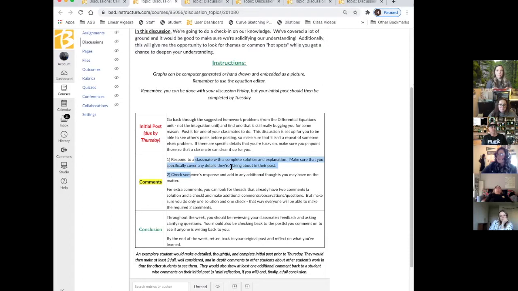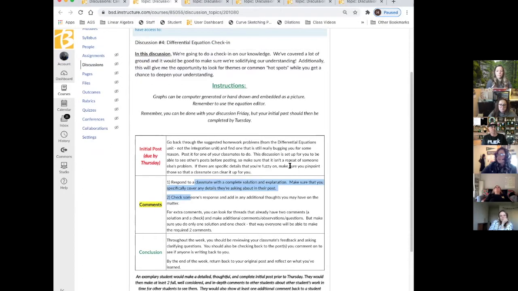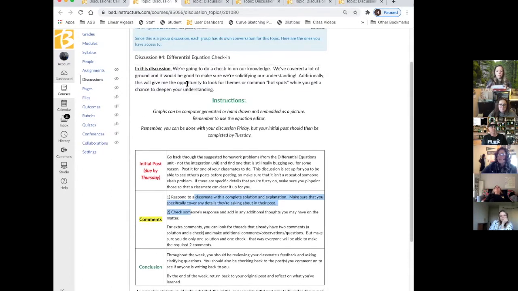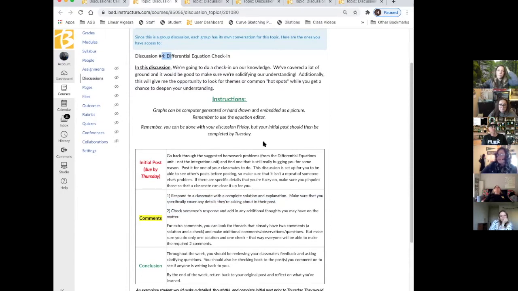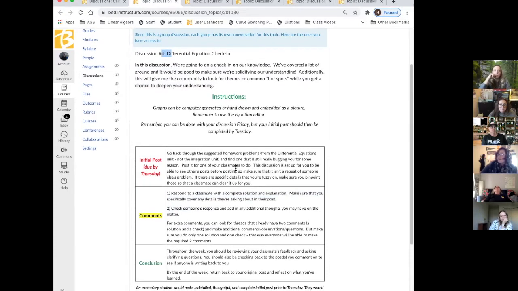And so just to give you an idea of, these are not sequential, but they're close. This was discussion 4. So this was week 4 in quarter 1, and that we did discussions, I should say. And what I had students do is go back through their suggested homework problems and post one for the classmates to do. And I wanted them to really think about what they were struggling with.